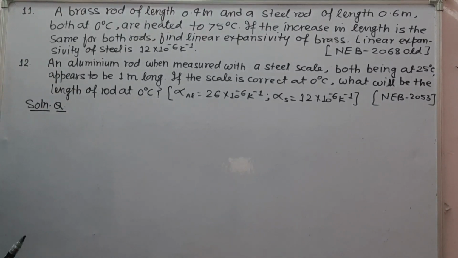Next, question number 12. An aluminum rod when measured with steel scale, both being at 25 degrees Celsius, appears to be 1 meter long. If the scale is correct at 0 degrees Celsius, what will be the length of rod at 0 degrees Celsius? Alpha of aluminum and alpha of steel are given.